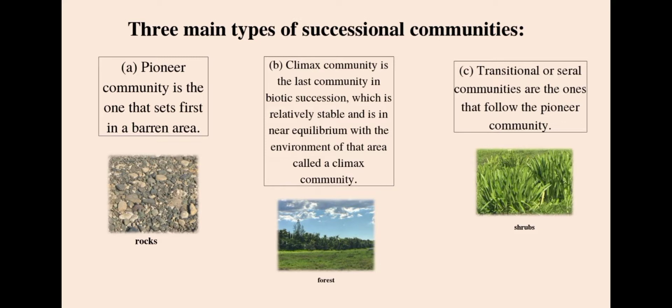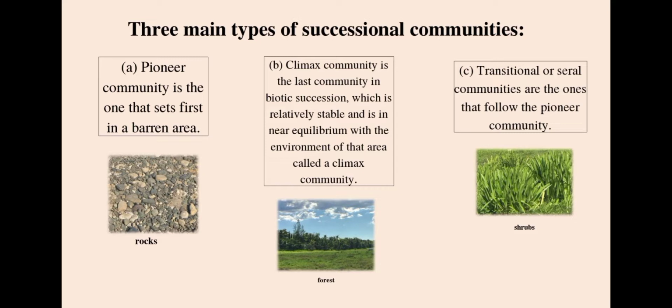This is the last community in biotic succession, which is relatively stable and is nearing equilibrium with the environment of the area. A climax community will remain in one spot unless it is disturbed. Disturbance occurs frequently enough in many ecosystems. However, the matrix of the community types may be consistently present on the landscape.